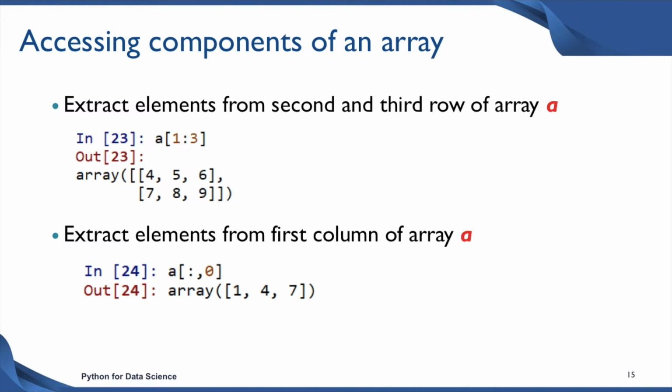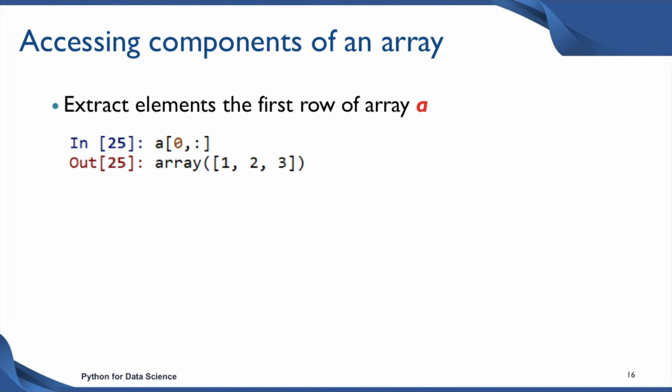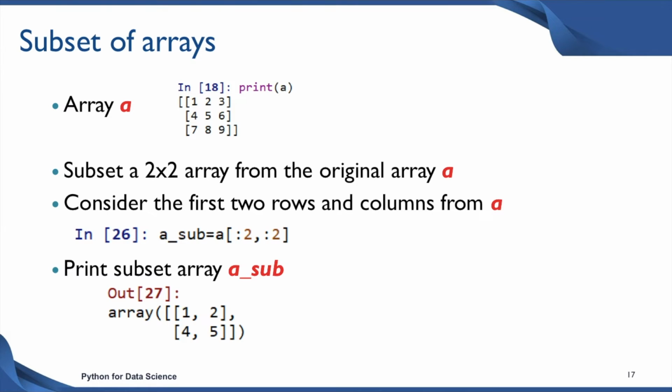Okay, so this is how we are trying to do a subset. For example, this is a 3 cross 3, and we wanted to extract a 2 cross 2 subset array from the original array. So here we could specify it from 0 to 2.